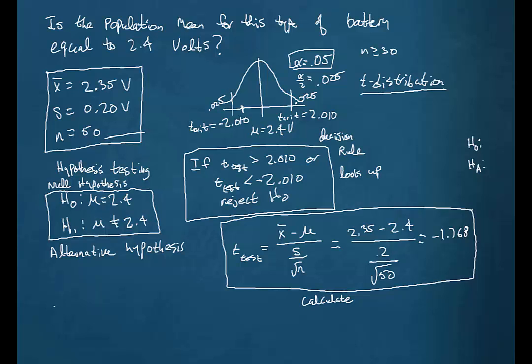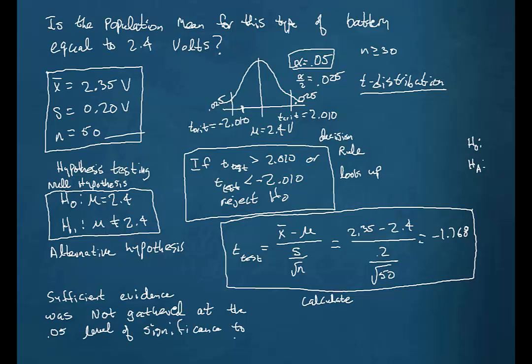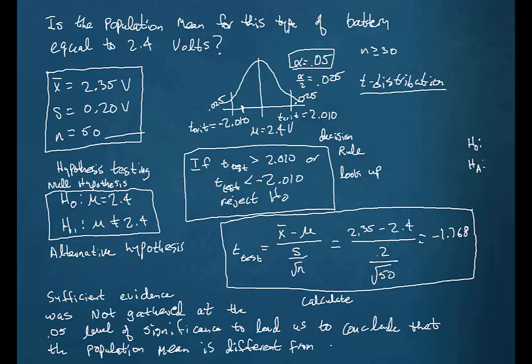So we might say something like sufficient evidence was not gathered at the 0.05 level of significance to lead us to conclude that the mean is different from 2.4 volts. We might also make the statement that we should not reject the null hypothesis.